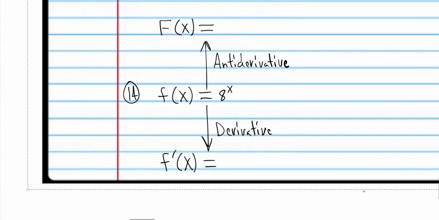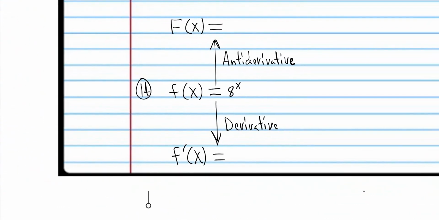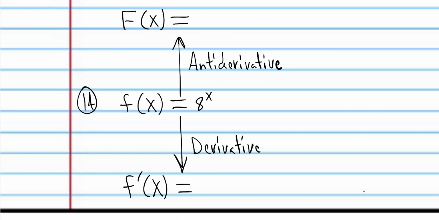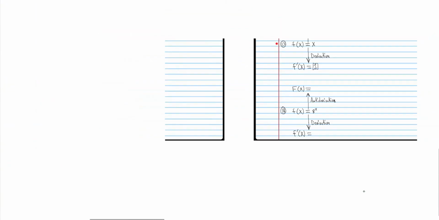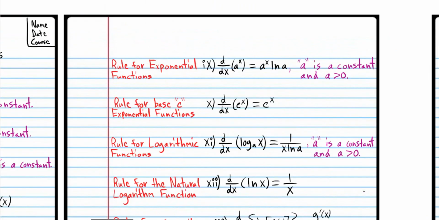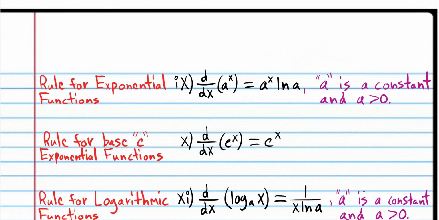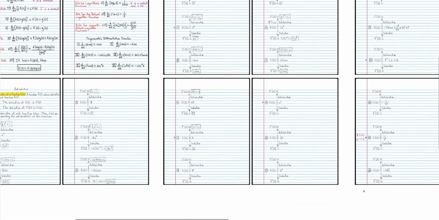All right, now here's kind of a weird example. We're going to find the derivative of 8 to the x power. I believe this is differentiation formula number 9, if I remember correctly. Yes, it's number 9. Finding the derivative of an exponential expression, it's just the expression times natural log of whatever the base of the expression was. So again, you should have those formulas right in front of you.